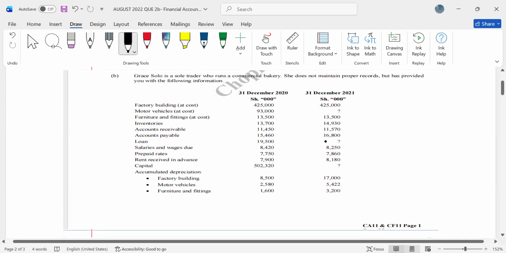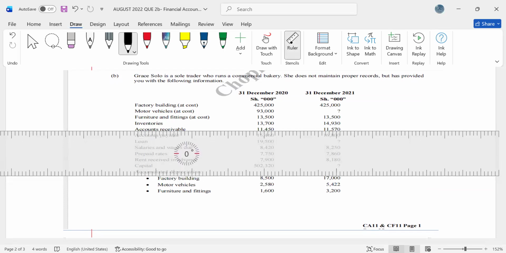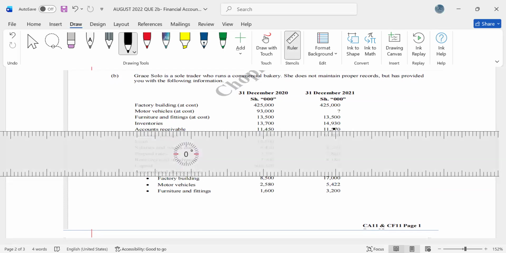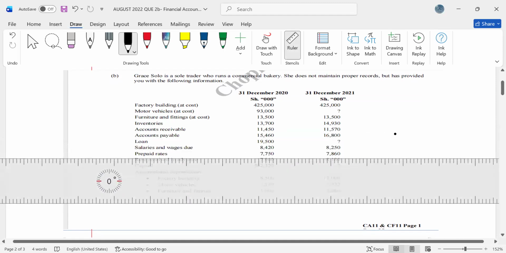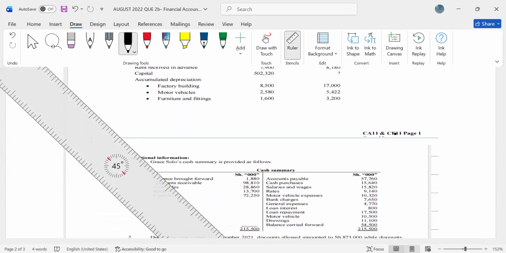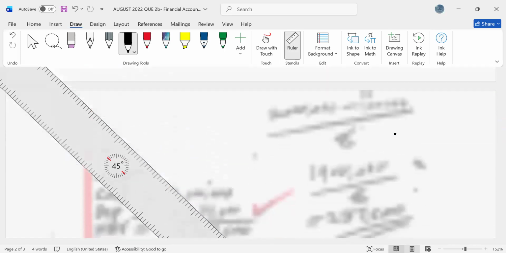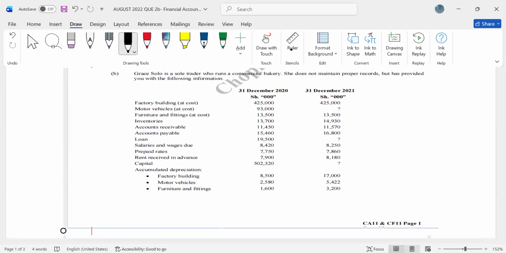Hopefully you can see it. Let me try to put my ruler there so that you can see. That is the figure that I'm talking about.